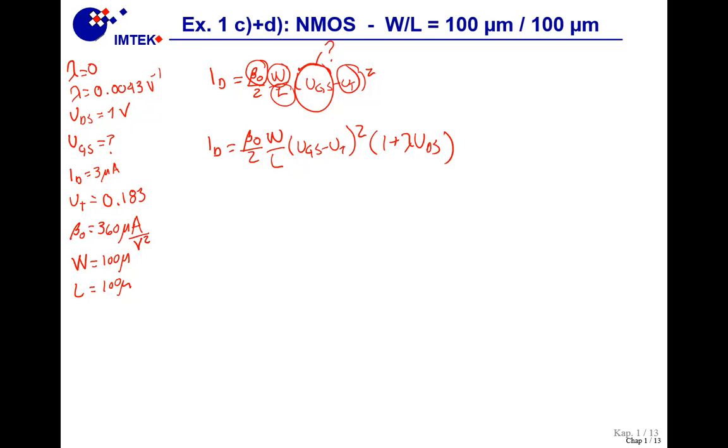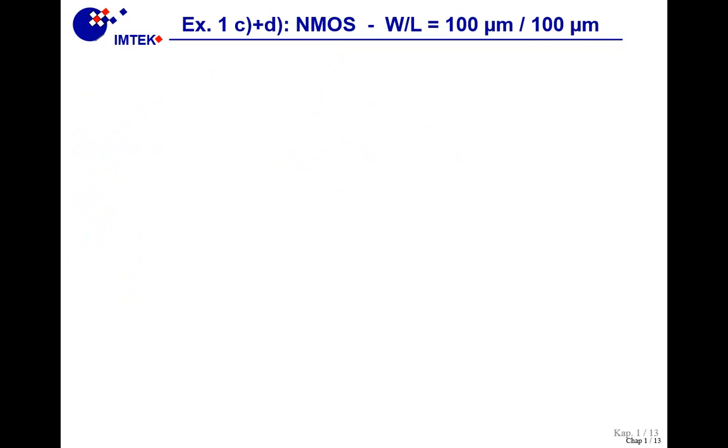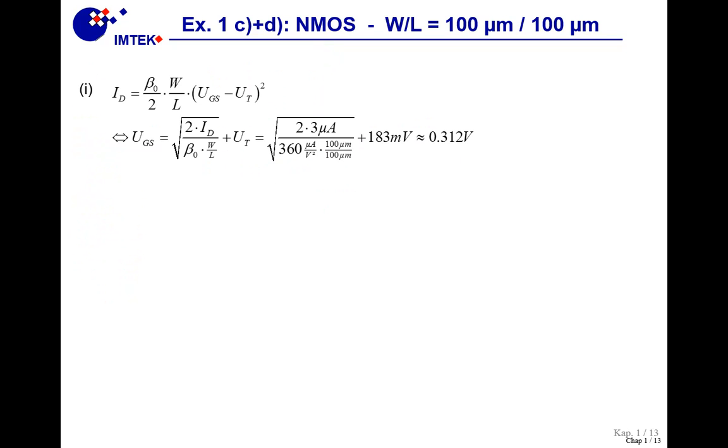All right. Again, we have UDS, we have lambda, we have current, we have beta, we have W over L, we have UT, and our UGS is our question. All right. So then now we plug in the numbers, and then it says that I need a UGS of 0.312 volts in order to obtain a current of 3 microamp.